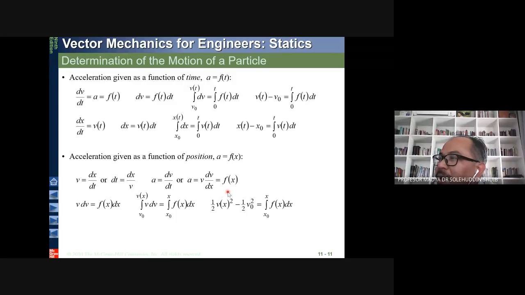And then after we have obtained the acceleration in this form, we can use the same technique as above.